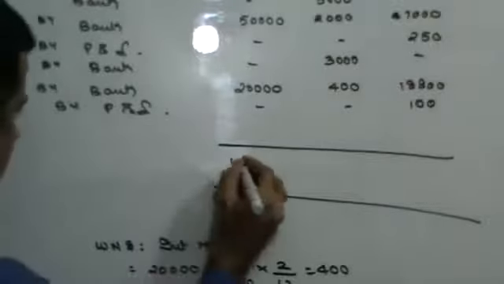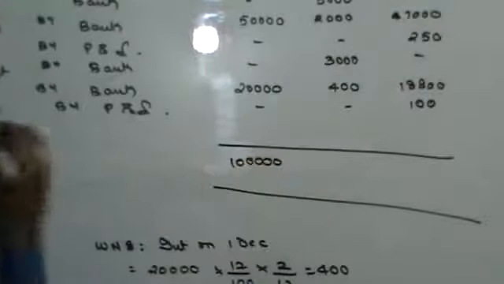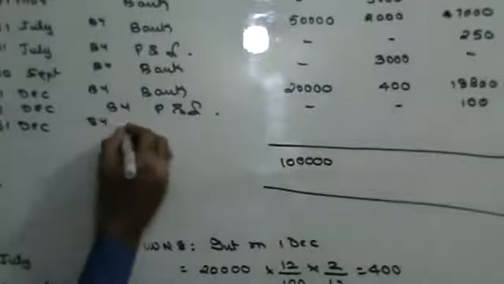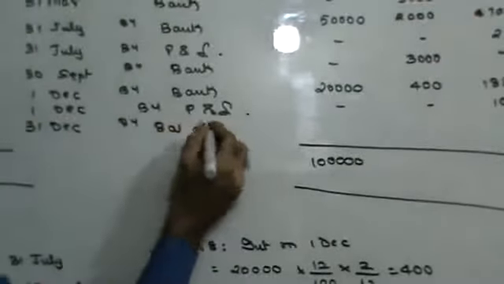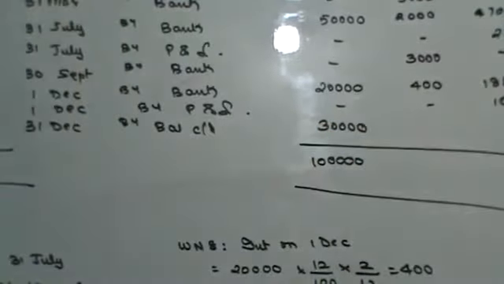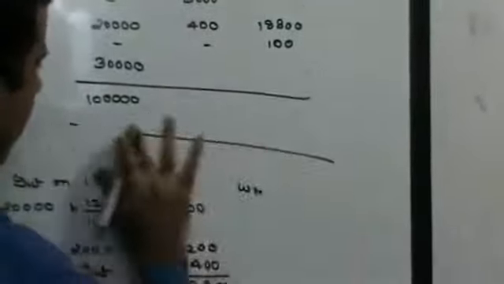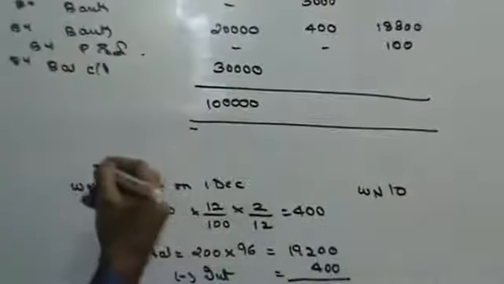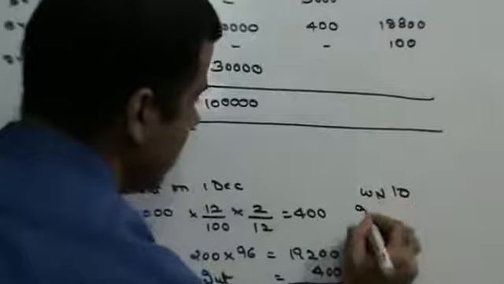This is going to be 1 lakh. 30,000. 31st December by balance carry down 30,000. Now, once you have this, let's do the interest calculation, guys. Working note 10. Let's see the interest calculation.